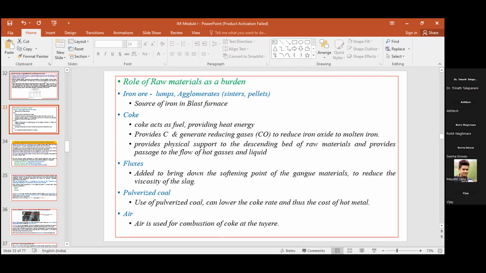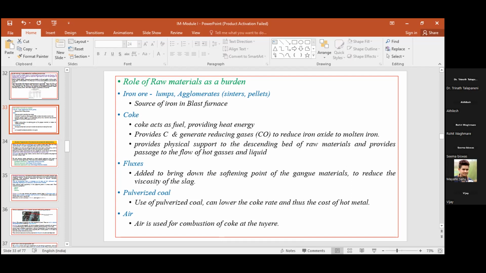So fluxes associate with the gangue content and lower the viscosity of the slag, so that the slag can easily trickle down through the bed of solids, and the permeability remains good, so that the concurrent reactions can take place effectively inside the blast furnace.